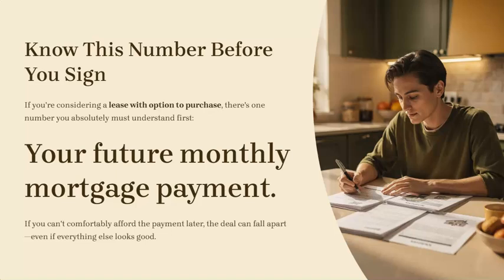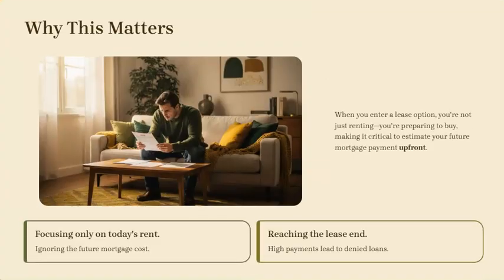You need to know this number before you sign. If you're considering a lease with option to purchase, there's one number you absolutely must understand first, and that's your monthly mortgage payment. If you can't comfortably afford the payment later, the deal could fall apart, even if everything looks really good. Now, why does this matter?